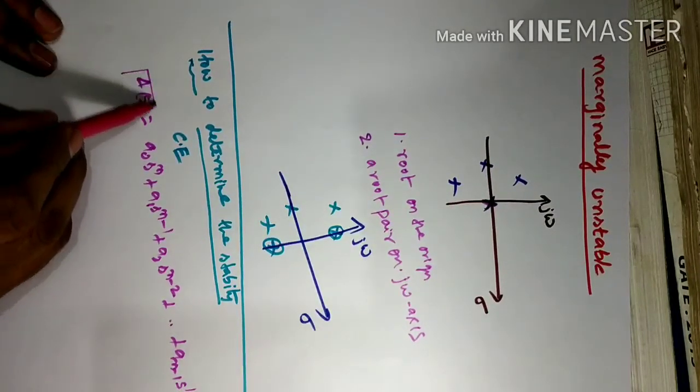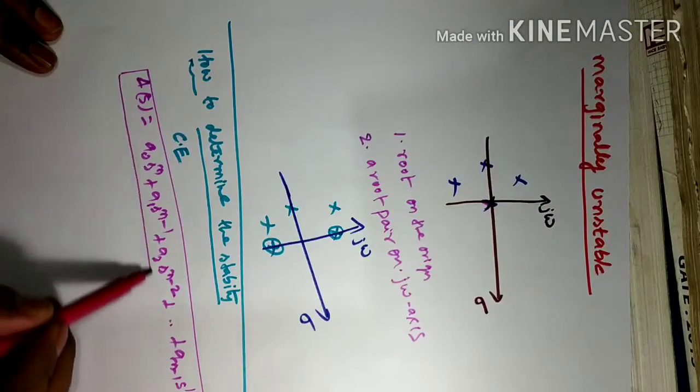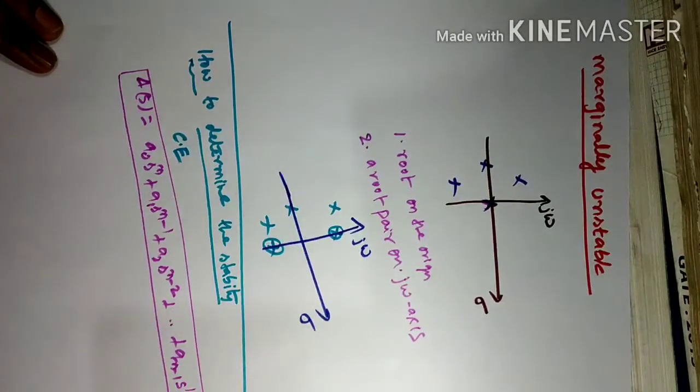So this is the characteristic equation. From this equation only we are going to determine the stability of the system.